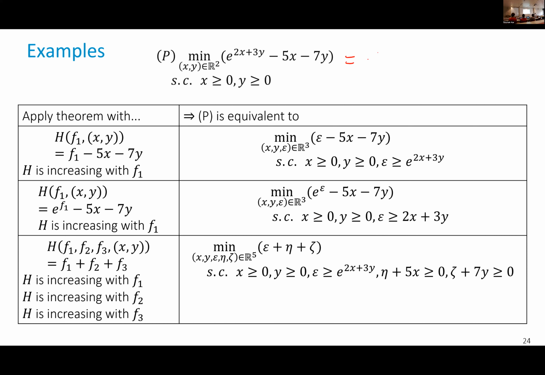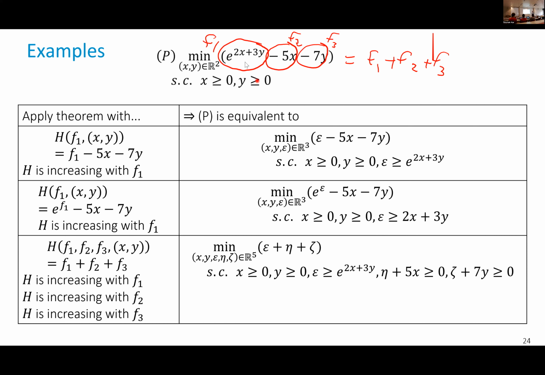So one way to write this, I say it's F1 plus F2 plus F3, which means this is F1, this is F2, and this is F3. This is what I did here.